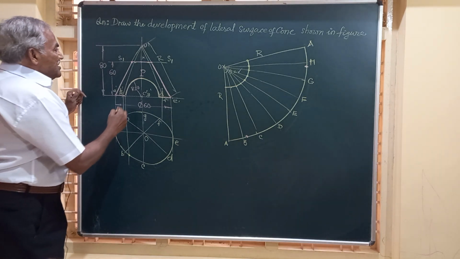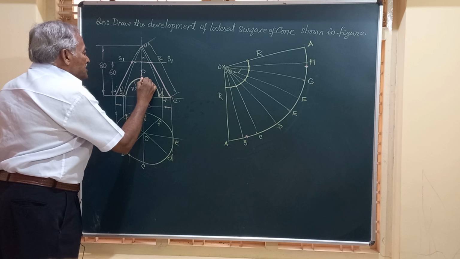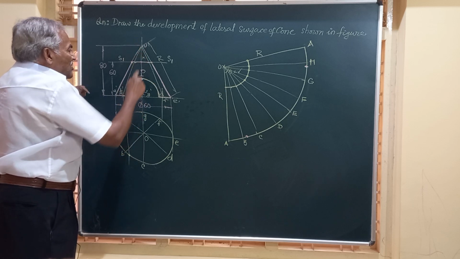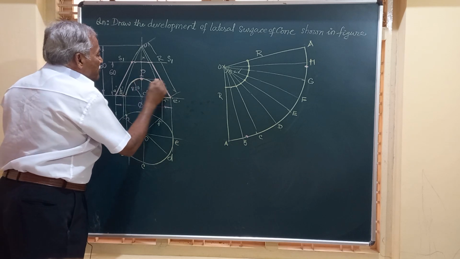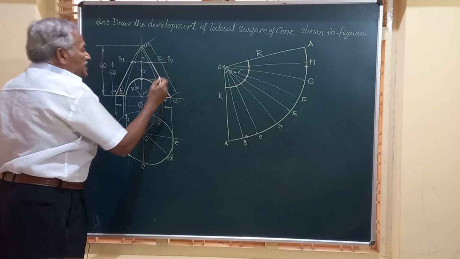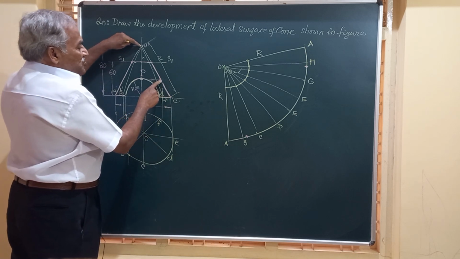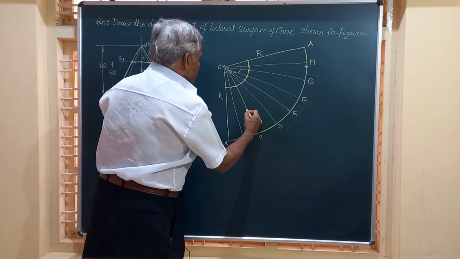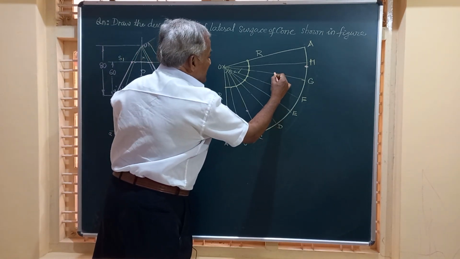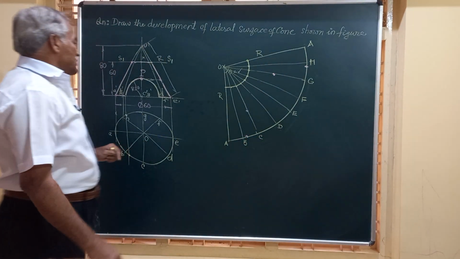Next friends, it is cutting these generators. That is, OC and OG are cut here. These are not the true length. I shift that point to the last generator, that is OE, and take this measurement on OC and OG. I just mark the distance on OC and OG.